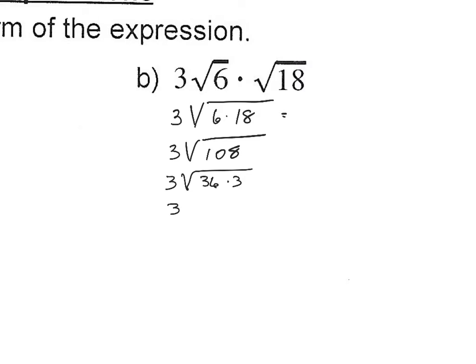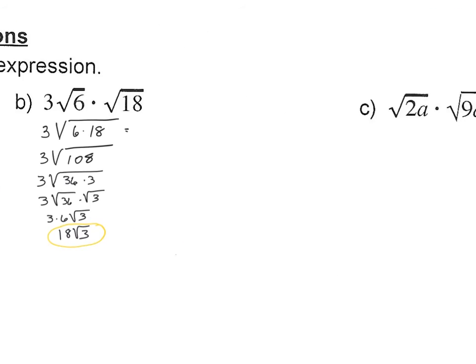And now I know that I can find the square root of 36, but I can't find the square root of 3, so I'm just going to leave that in the radical. And so I'm going to have 3 times 6 times the square root of 3, which is going to be 18 square root of 3. There we go, and I just kept simplifying using what we were doing before.